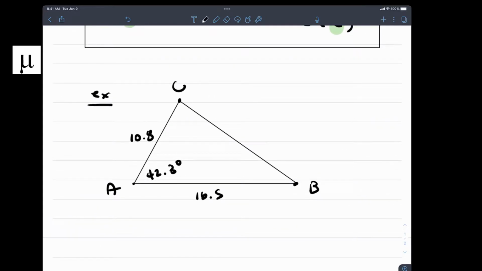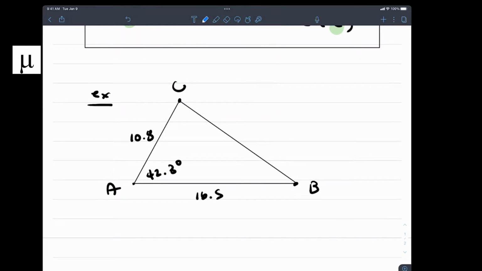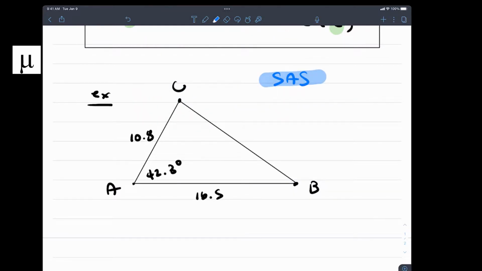And I'm going to tell you what kind of situation is this here? Side, angle, side. So you see here, you say, what does this mean?